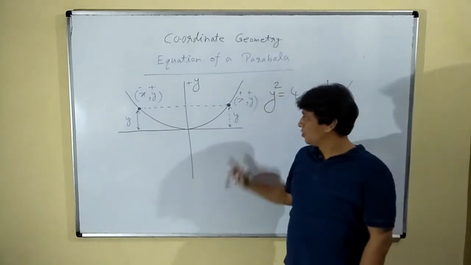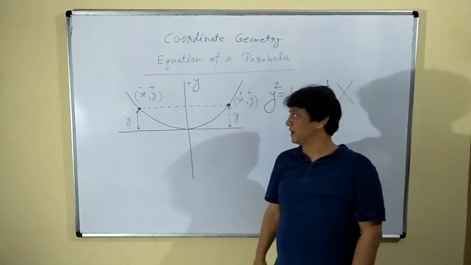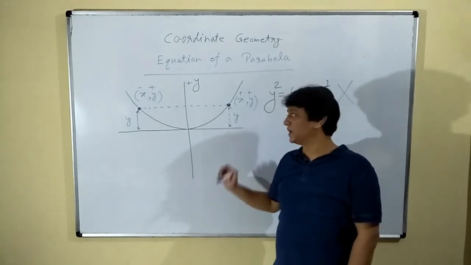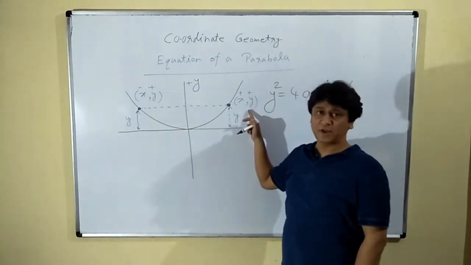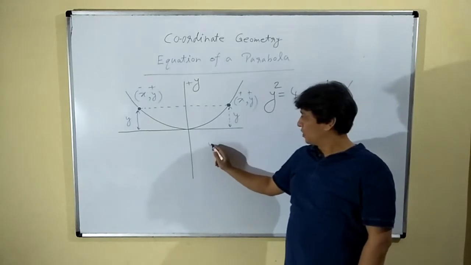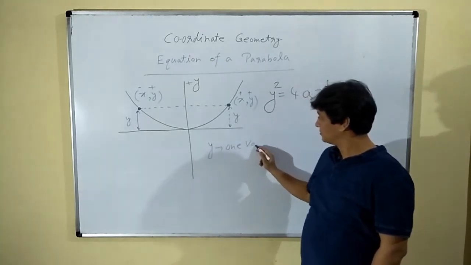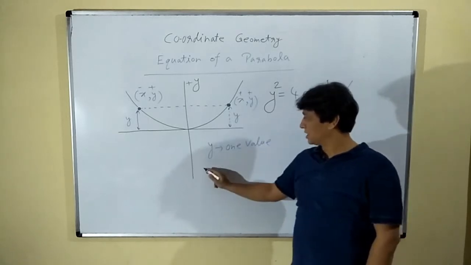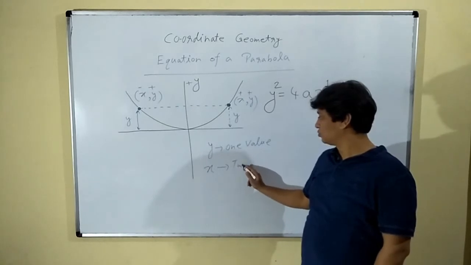Which means for a given value of y, you're getting two values of x. अभी numerical value से भी समझेंगे इस चीज को. For a given value of y, you're getting two values of x. Y, it only has one value. But x, it gets two values.